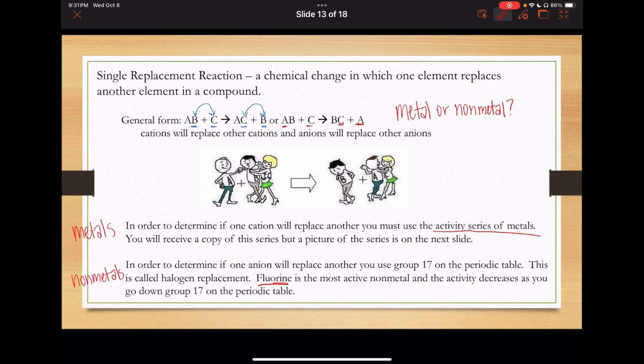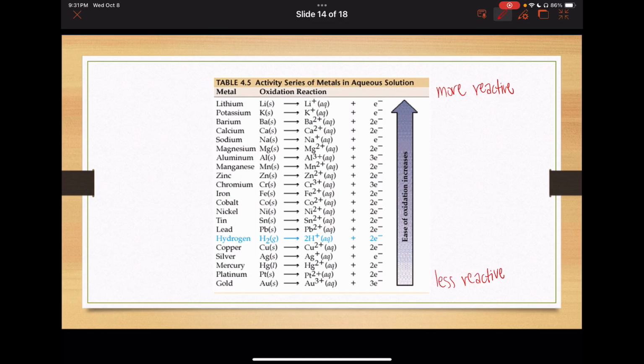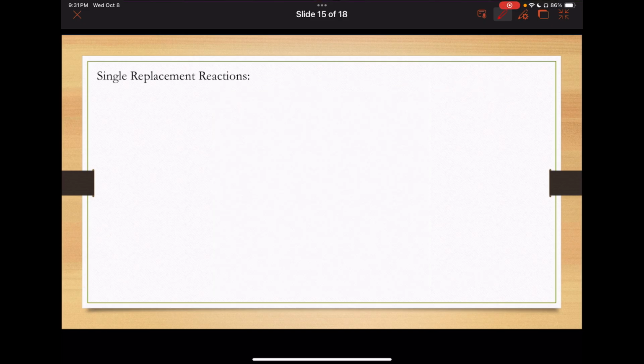So you want the thing that is by itself to be higher up on the periodic table. If you're comparing fluorine and chlorine, and fluorine was by itself, it could switch. If chlorine was by itself, the reaction would not happen. They would not switch places. Again, it sounds confusing, but we're going to do some practice.